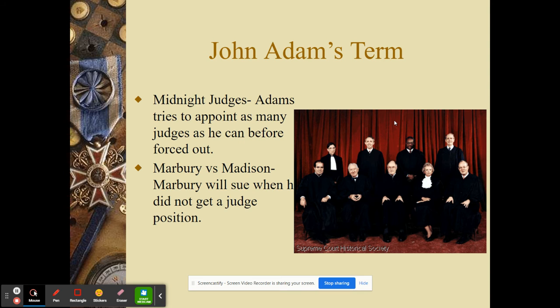The Supreme Court says, see, here's the thing. You're right. You should have got the seat, but we're not going to put you there because that's not our place. But they interpret the Constitution. So they say, this is what the law means. And that is the beginning. Marbury versus Madison, who I believe Madison wasn't the president.